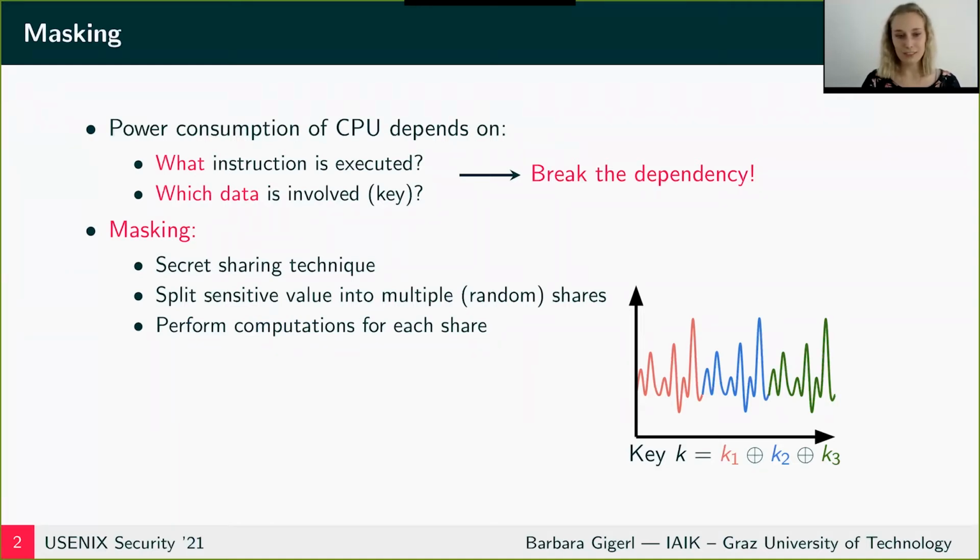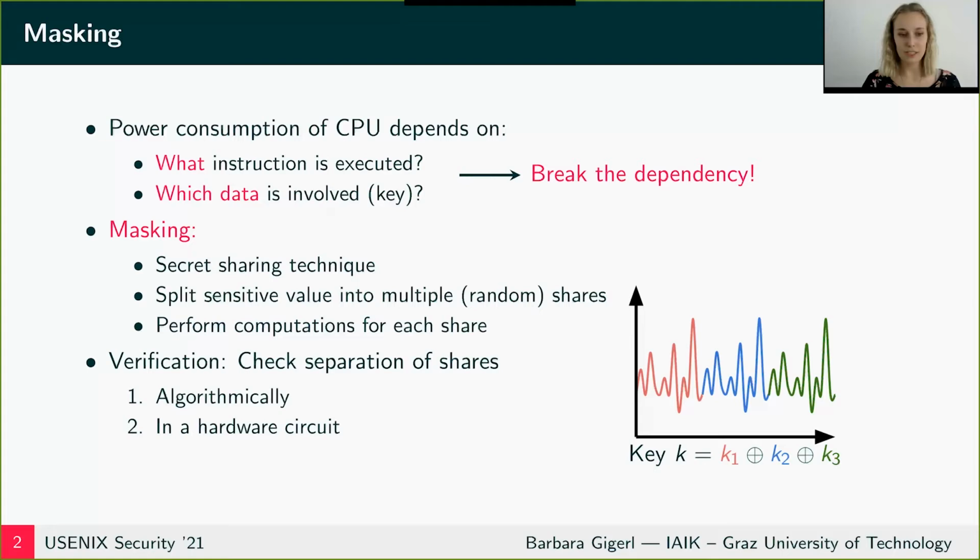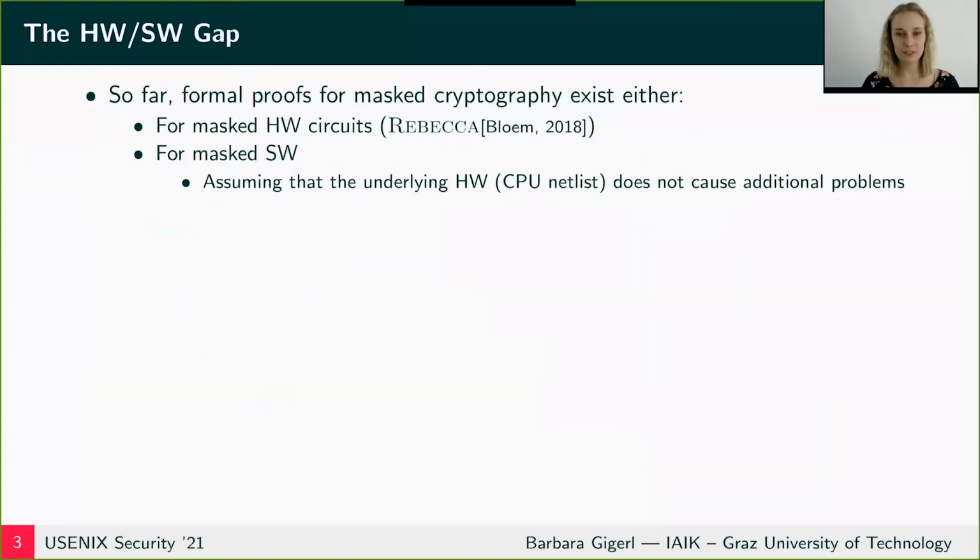This is not an easy task, which is why we need verification techniques to check if the shares are separated in a software or hardware. And the verification of such masking schemes is either done on algorithmic level or in a hardware circuit. And existing approaches have certain limitations.